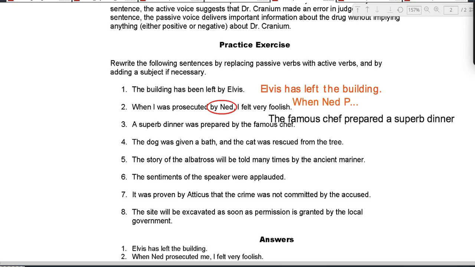So we can make many different types of sentences. The dog took a bath, or I gave a bath to the dog, and I rescued the cat from the tree.